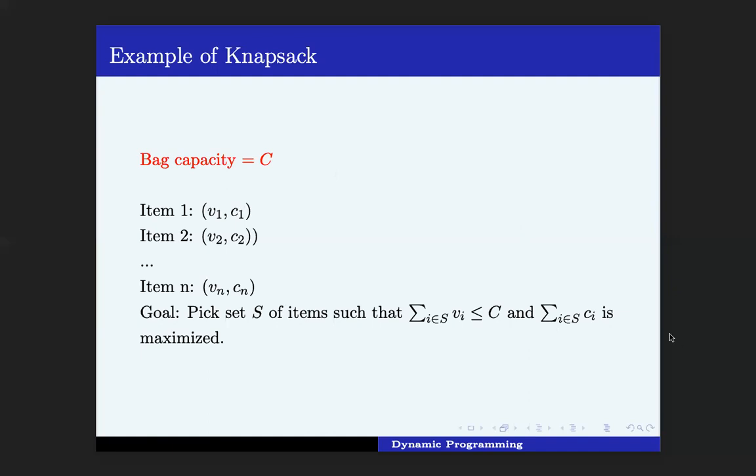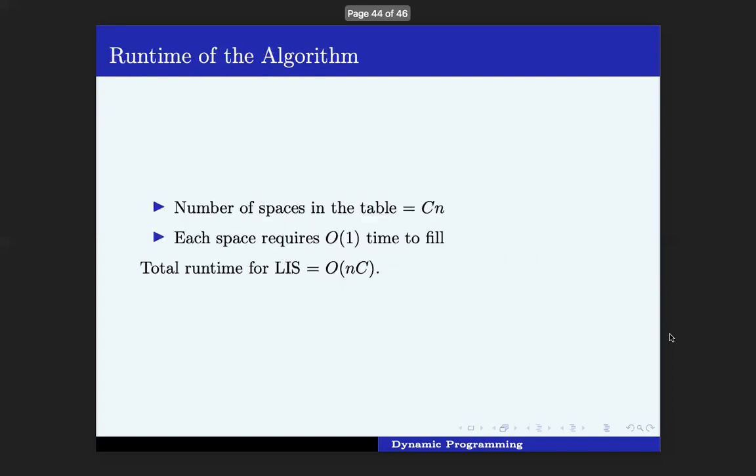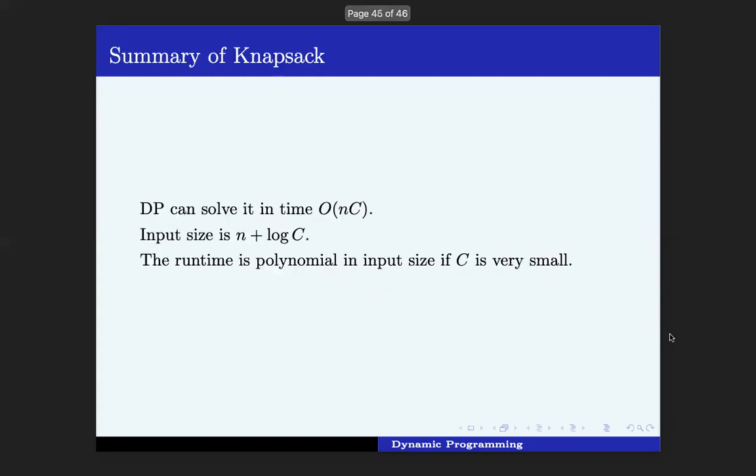So now I come back to this question. This problem, what I presented here, the knapsack, we can solve it in order n times c. Input size is, it's written n plus c, it's not, it's n times log c, but doesn't matter. The input size is n times log c, and the runtime is n times c.